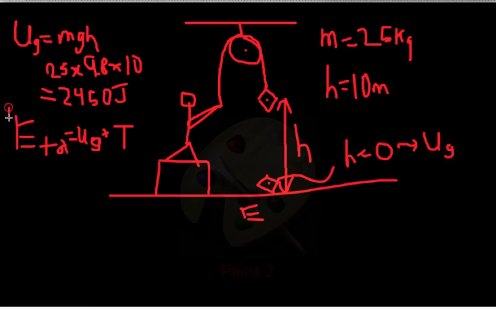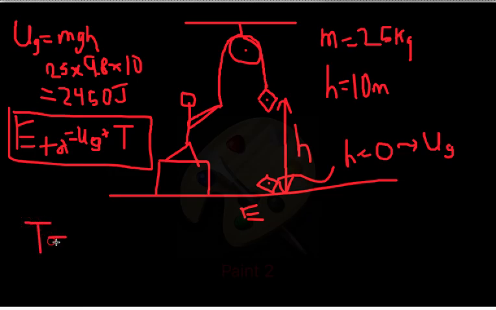Now, looking at our equation over here, energy total in a system is always constant, so if U, potential energy due to gravity, is 0, then K must have taken up all that energy. So then we can say that K, kinetic energy, must now be equal to 2,450 joules.